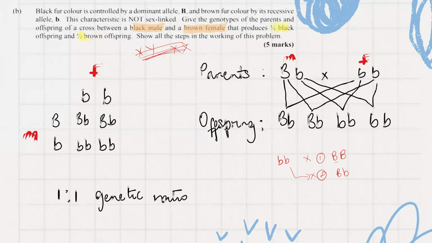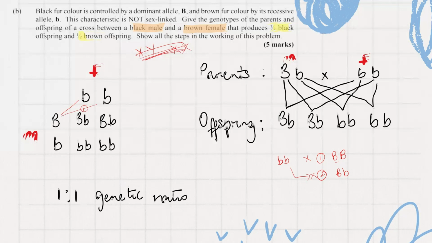So we have the female at the top, small b, small b, and the male at the side, capital B, small b. It doesn't matter which you put where, it's just whatever you want. So we have the first one, big B times small b, we have this here.